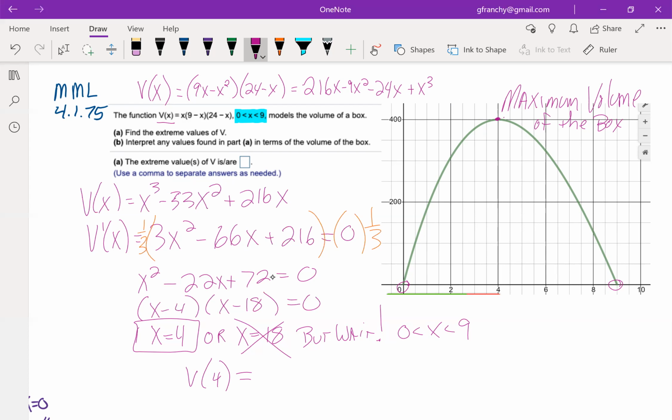So that's going to end up being 4 times 9 minus 4 times 24 minus 4. So that's going to be 4 times 5 times 20, which is 20 times 20, which is 400.